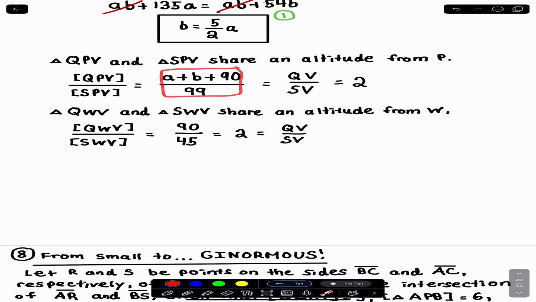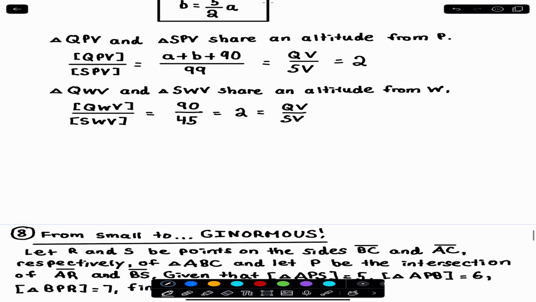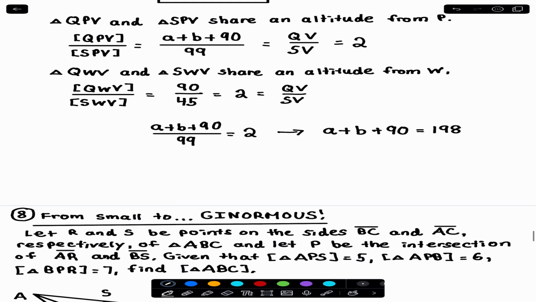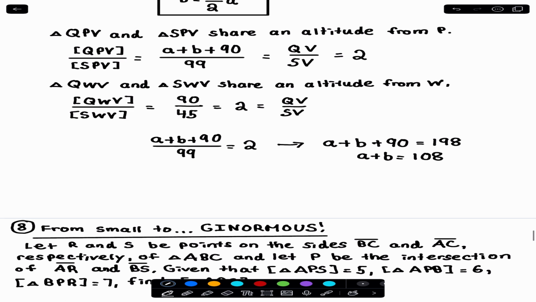If A plus B plus 90 over 99 is equal to 2, this means A plus B plus 90 is equal to 99 times 2, which is 198. So then this means A plus B is equal to 108.